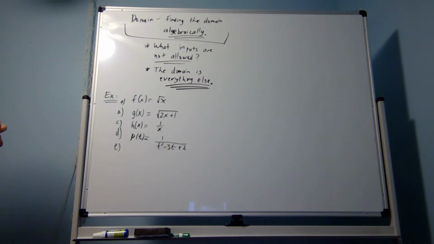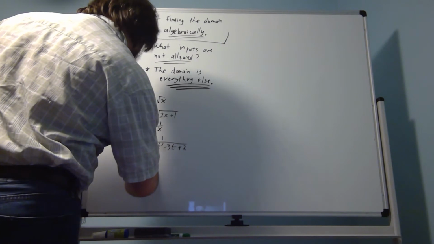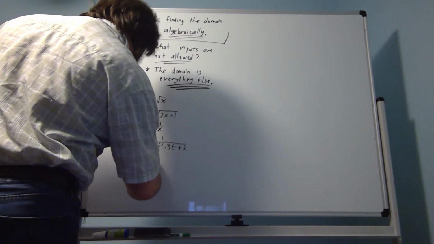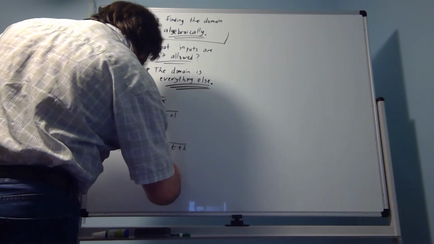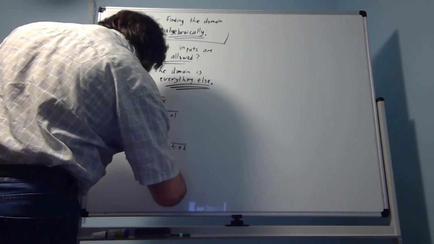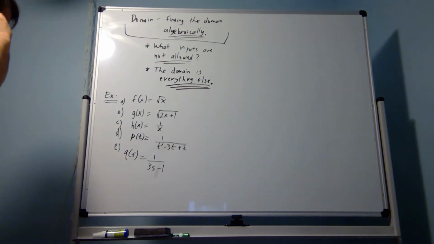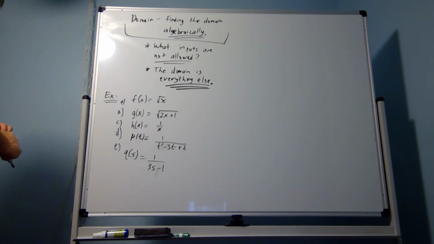The hint for this one is you'll probably want to factor that. And did I have a fourth one I wanted to do? Yeah, I think I'll do E before I do D. I think I wanted to do one that was slightly easier.